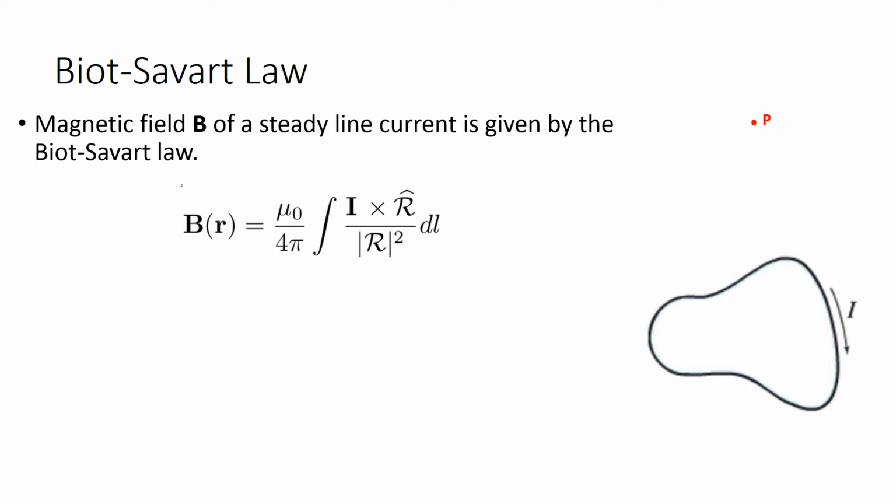The magnetic field is a function of R, or a position with respect to a reference point that we establish, typically the origin. To find B at the field point, we consider the infinitesimal wire segment dl. The contribution to the overall magnetic field B is the current I, a vector quantity, crossed with the separation vector script R shown in the figure here.